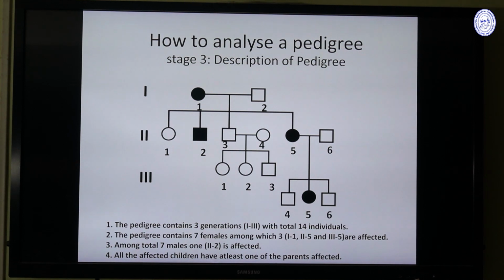The pedigree contains 7 females, among which I-1, II-5, and III-5 are affected. So, they have dark shades or color. Among 7 males, 1, that is II-2, is affected.